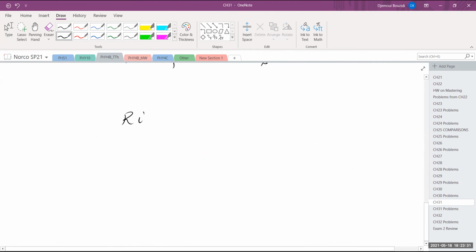Across a resistor, it's Ri. Across the inductor, it's L dI over dt. Across the capacitor, it's Q over C. And now on the other side, I'm going to write it as Vmax cosine of omega prime t. That's all.